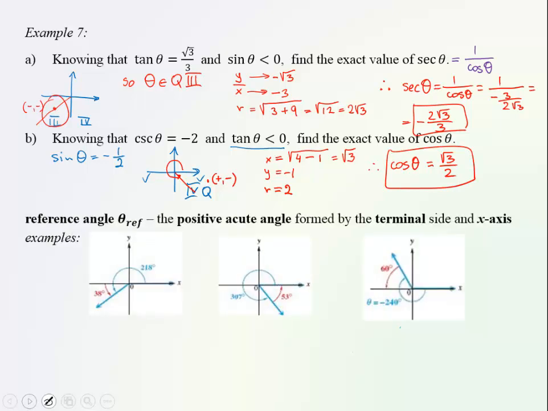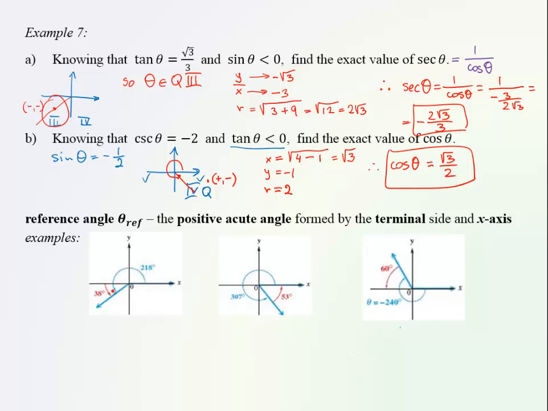Another idea that will be very useful in finding values of trig functions is a reference angle. We'll denote this as the name of the angle, usually theta, with the subindex reference, so theta reference. This is the positive acute angle formed by the terminal side and the x-axis. How does this work?